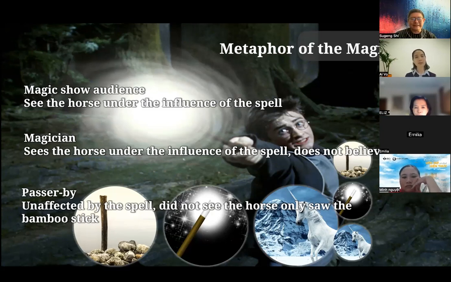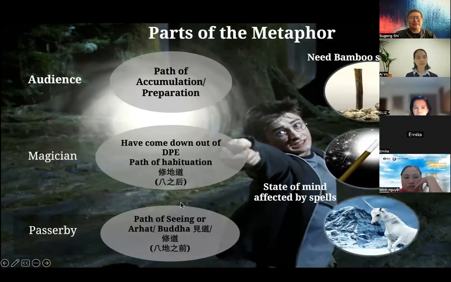Okay? So this metaphor is trying to tell us. Okay, let's go to the next page. So the audience are like people on the path of accumulation and preparation. They need a bamboo stick to see a horse. They see the bamboo stick as a horse. This is like a lot of us now, right?